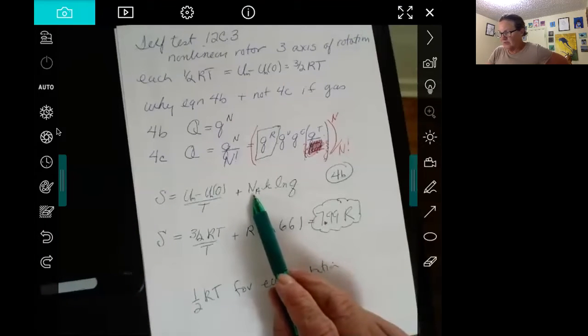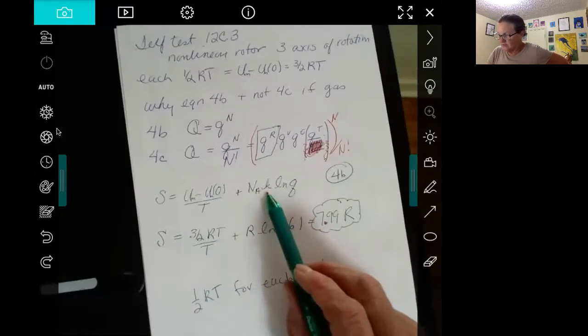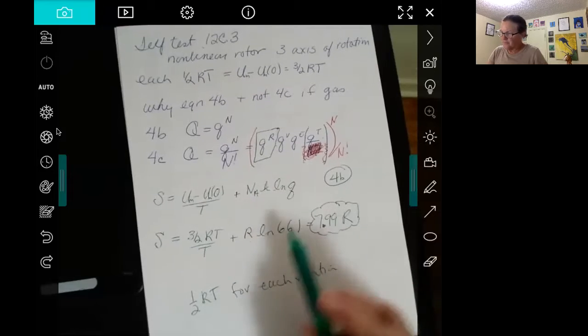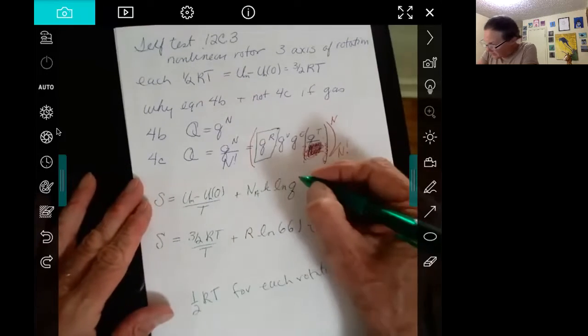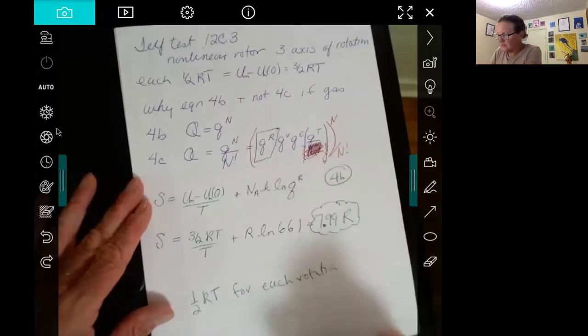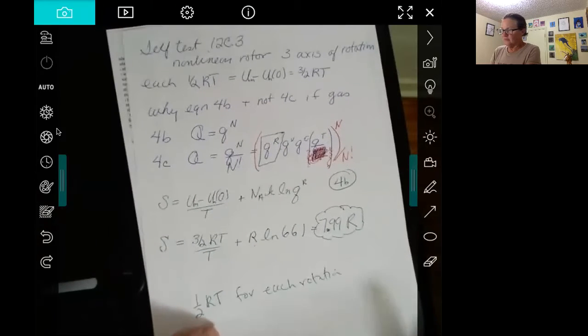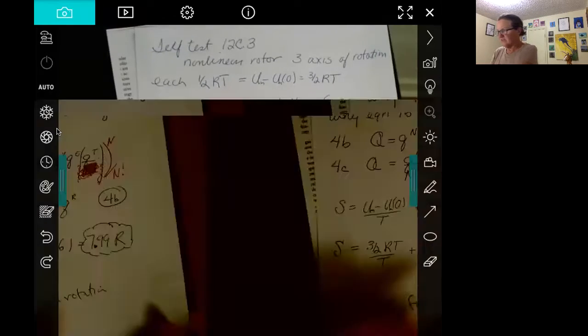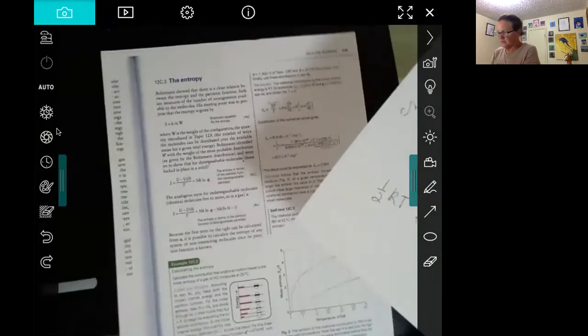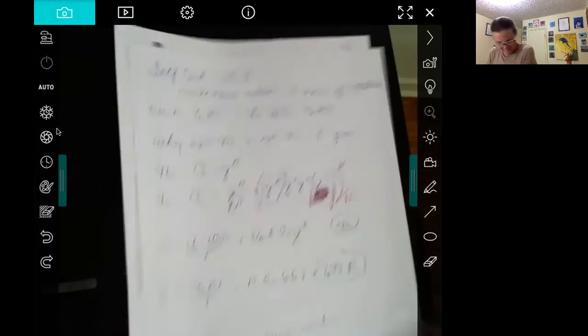So the number of molecules will be Avogadro's number times Boltzmann's constant, which gives you R. And then it'll just be natural log of q rotational. And I get 7.99 R is the entropy contribution from rotation. So you would use equation 4b, not 4c, because that N comes in when you're talking about the translational partition function.